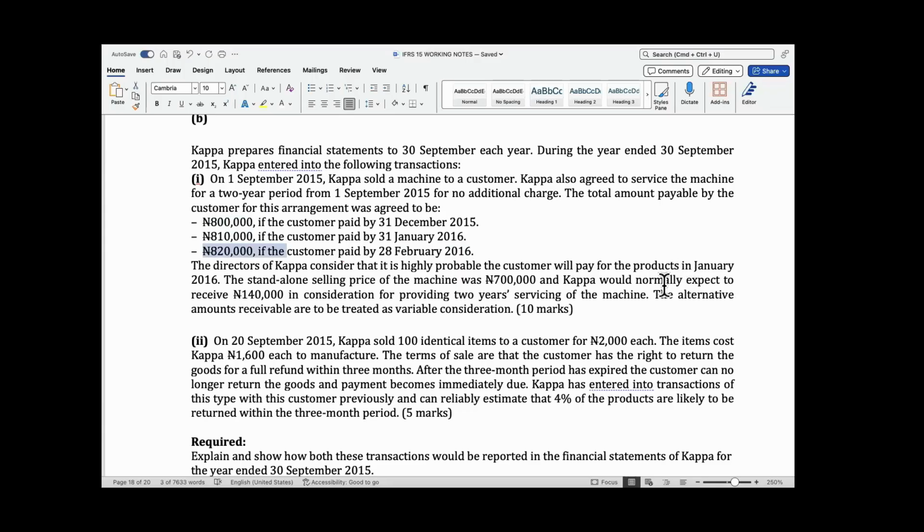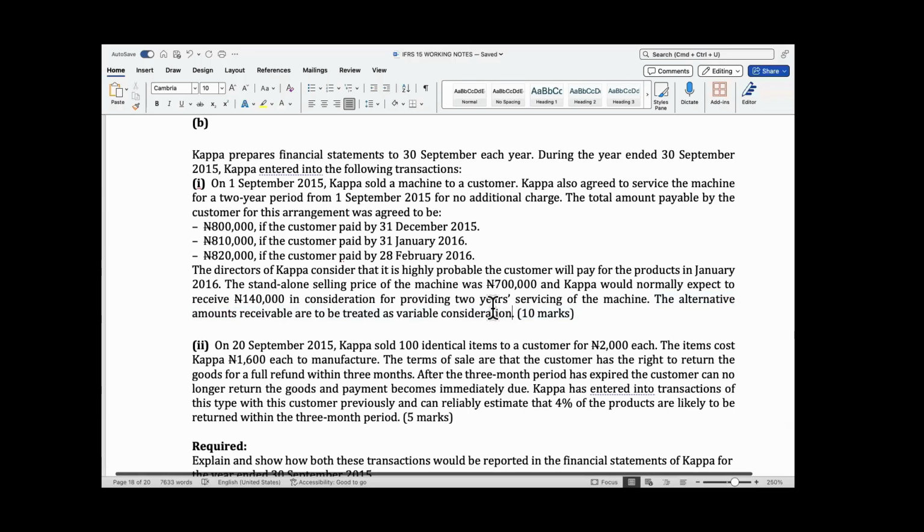And in the last paragraph, they said the alternative amounts receivable are variable consideration. It is okay. So it's still revenue, it's variable, because the amount is varying as a result of delay. We're now told that Kappa considers it highly probable that the customer will pay on 31st of January.